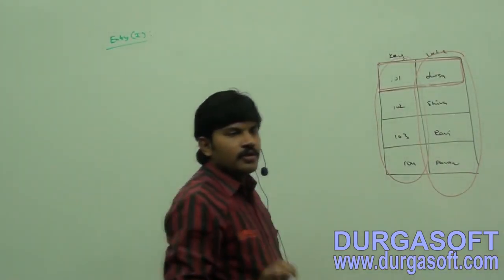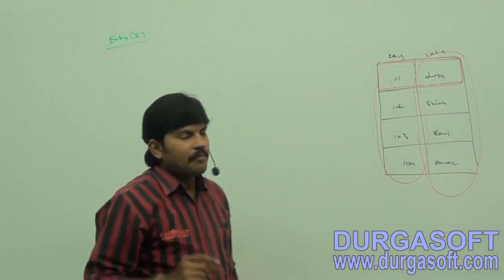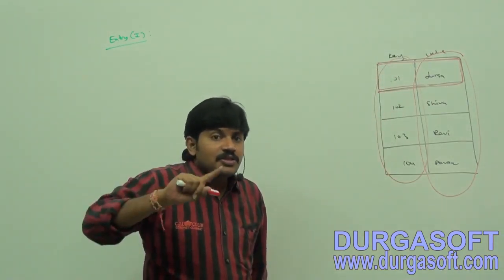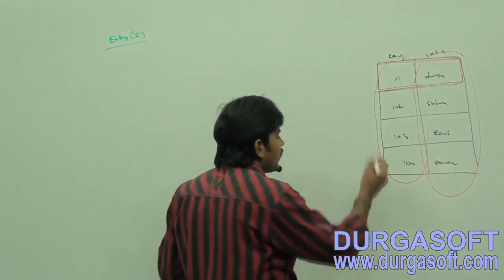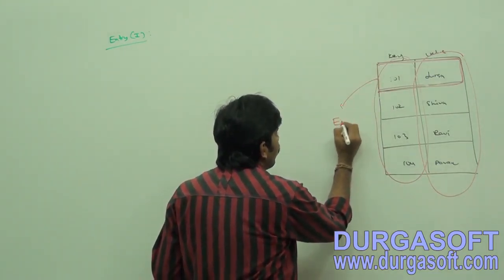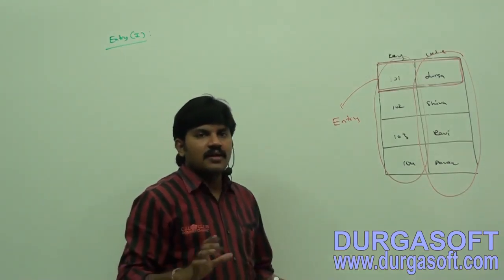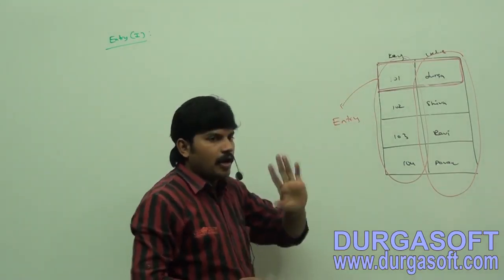Observe, a map is nothing but a group of key value pairs, and each key value pair is called one entry. Hence a map is considered as a group of entry objects.